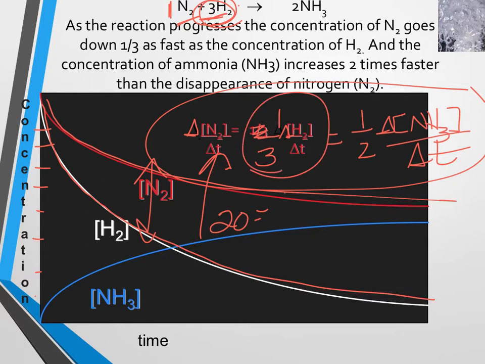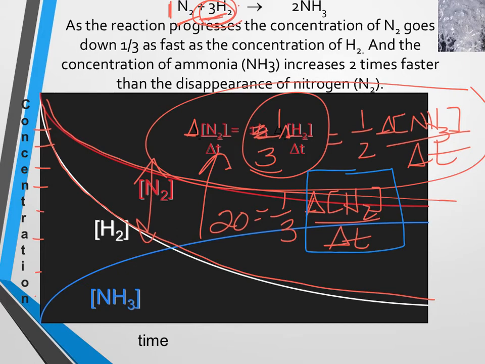So continuing with the math here, if I'm trying to find the rate of change with respect to hydrogen, I want this portion of it. And so I've got to get rid of this 1/3. So how do I do that mathematically? Multiply both sides by 3.